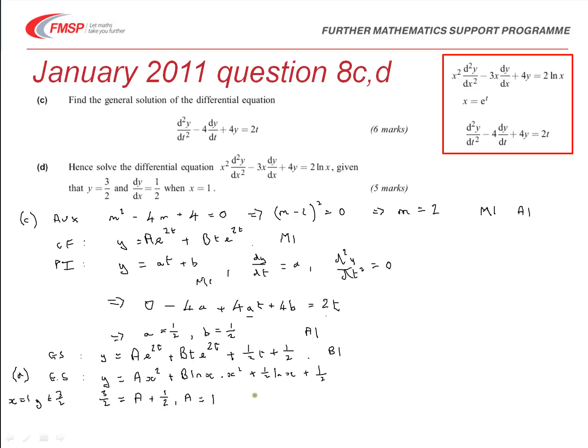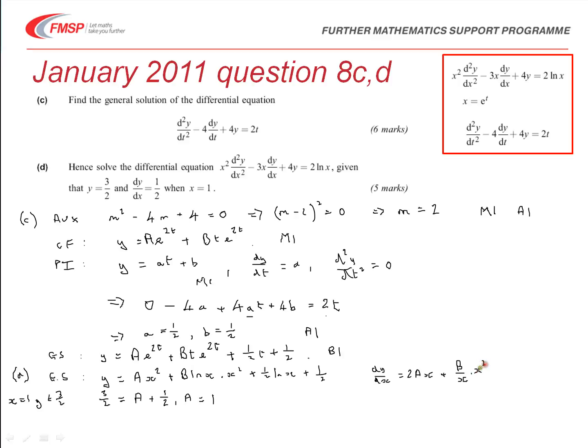And to find the other condition, we're going to have to differentiate this expression. So the differential of ax squared is 2ax. Differential of the ln is 1 over x, so this becomes plus b over x times x squared, because this is a product.